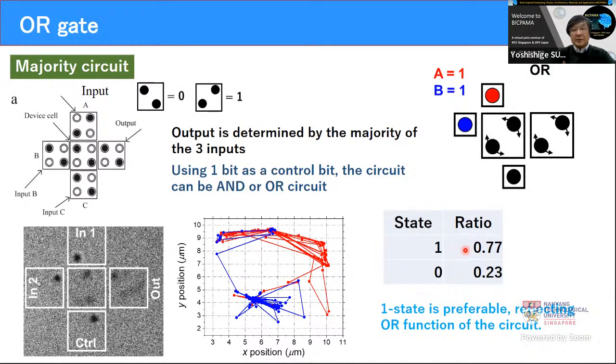But this has the potential, as I told you, that it can do the reverse computing. That's a very important point. And if you want to have the correct answer, you need to do the annealing. I mean that now it's in the high temperature, so you should lower temperature, then the system will be fixed to the correct answer if you are lucky.